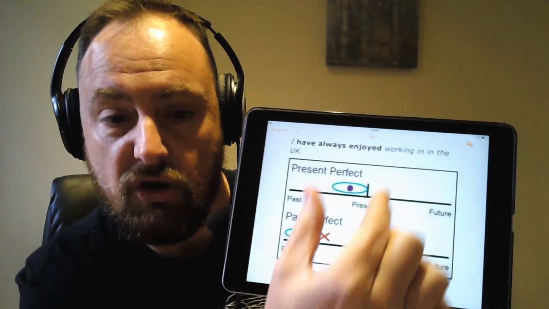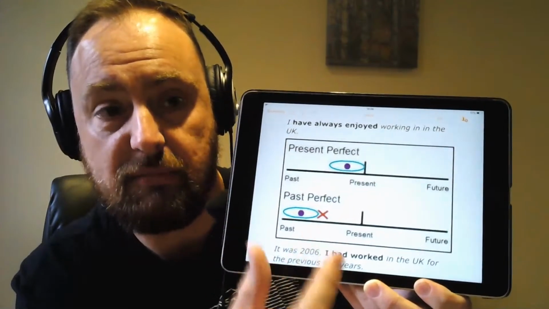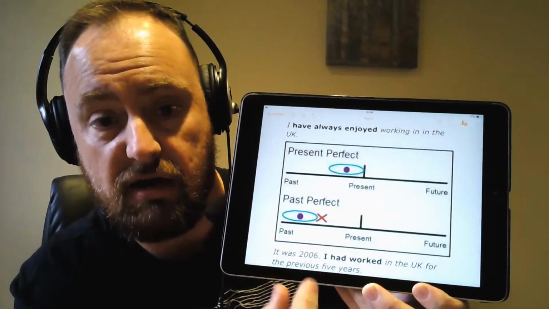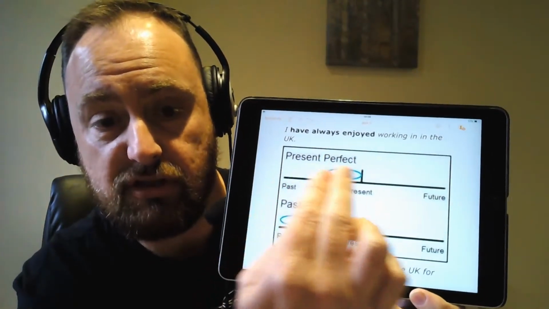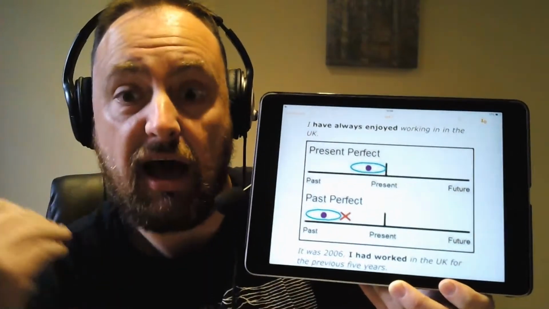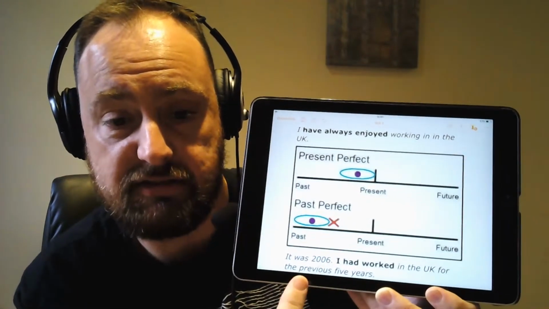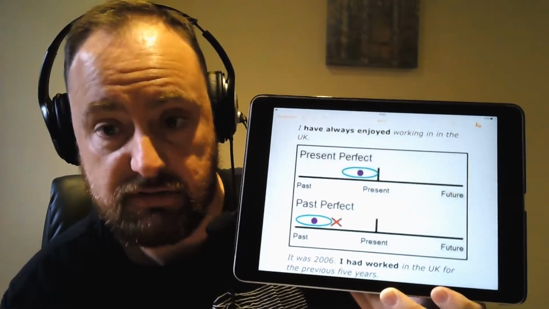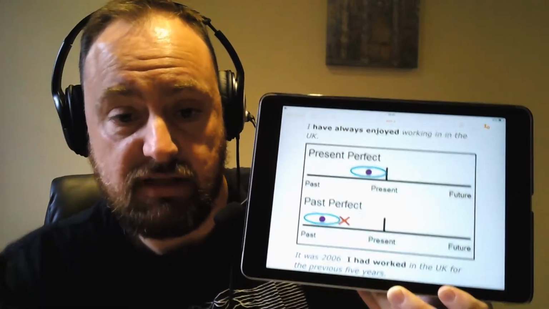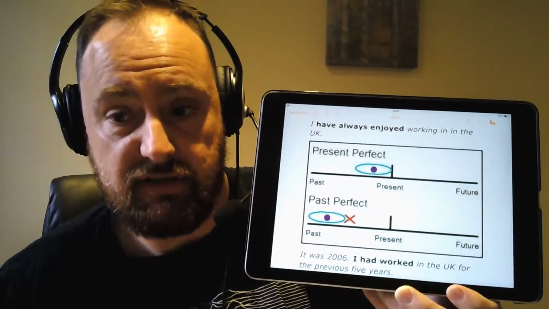So you can see really clearly the similarities, how similar both these structures are. Present perfect is until a point, until now, and past perfect is until another point in the past. So that other point in the past in this sentence is 2006. It was 2006, and before that, I had worked in the UK for 15 years.